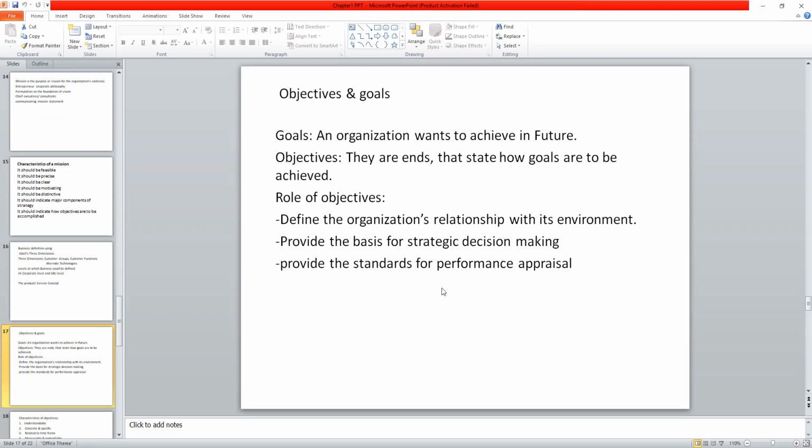Objectives provide the basis for strategic decision making also. By having more specific, direction oriented objectives, strategic decision making gets a path and helps to coordinate decisions. So here, if the customers are to be satisfied by providing a quality based product, how can one think of having the emphasis on quality strategically?